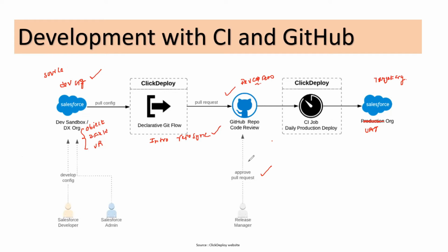Once you get it approved from your senior developer, or you approve that change request or the pull request that is coming in, you would merge it to the branch that you want to commit. As soon as there is a change in the GitHub repository, the CI job that is configured for that particular org picks up that request and it deploys to the target org.